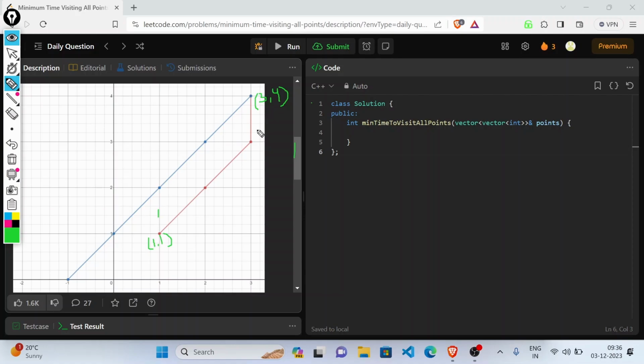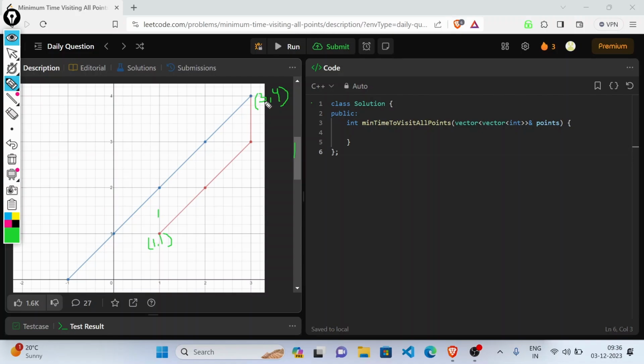I hope you all have heard about Manhattan distance, which gives the distance required to travel between 2 points, and this distance is measured in terms of the x-axis and y-axis only. But here we can travel along diagonals as well. Manhattan distance is the difference of the x coordinates plus the difference of the y coordinates.